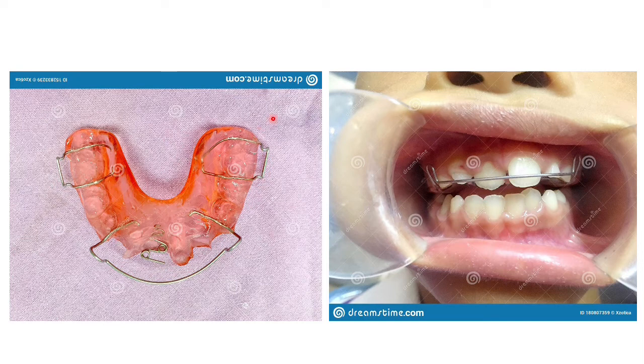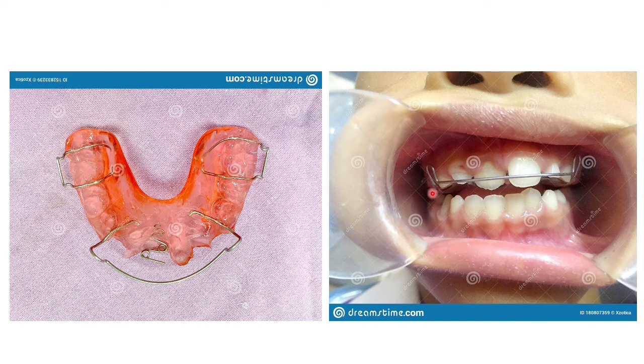And then have a look at the acrylic base plate. For the acrylic base plate, there is some modification where a posterior bite plane is placed on top of the occlusion of the teeth. So when the patient wears the removable appliance, the lower teeth will bite on the posterior bite plane and disengage the occlusion.